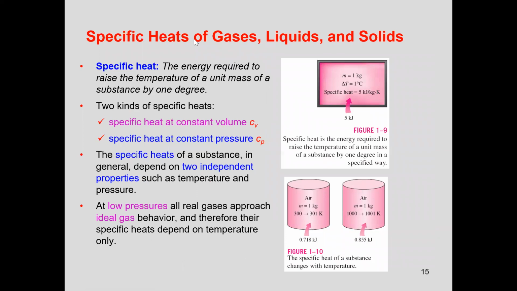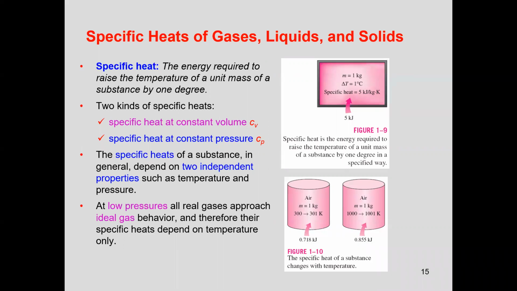Now, this one is rather more important in this course, which is the specific heat of gases, liquids, and solids. The definition of specific heat is the energy required to raise the temperature of a unit mass of a substance by 1 degree. It can be done in two ways: at constant volume, and at constant pressure.